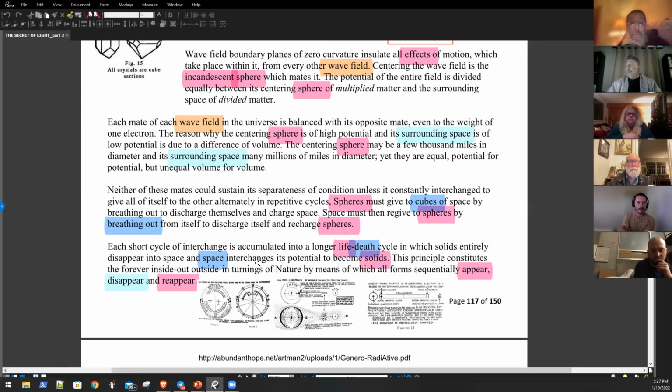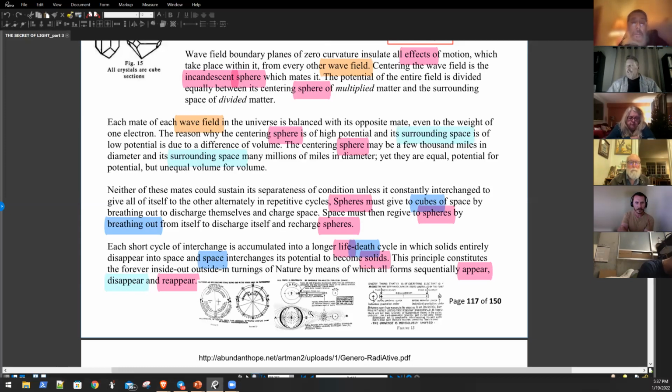Then this principle constitutes the forever inside-outside inturnings of nature by means of which all form sequentially appears, red, hot, positive, male, disappears, cold, female, negative, and reappears, red, hot, male, positive.